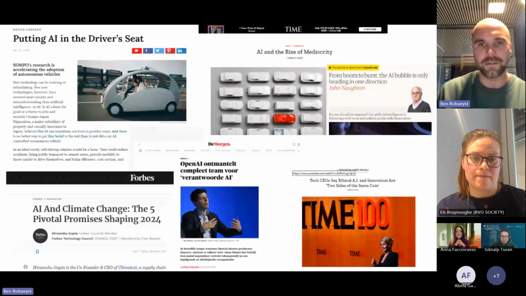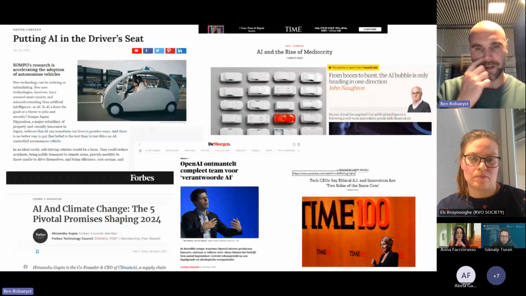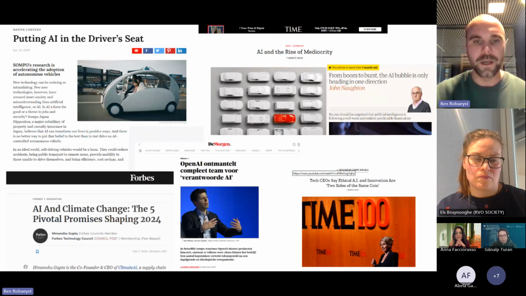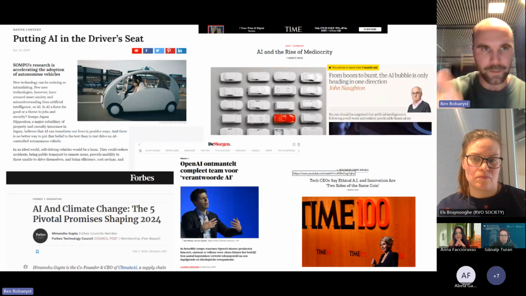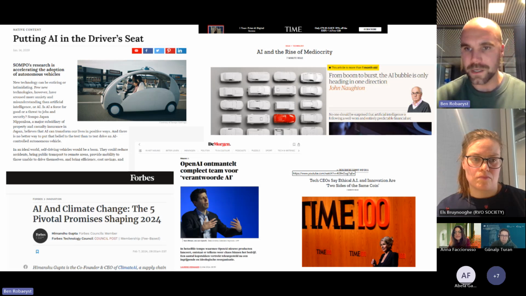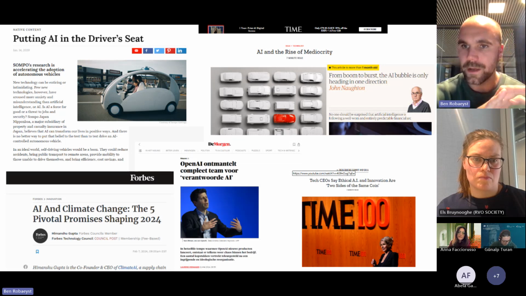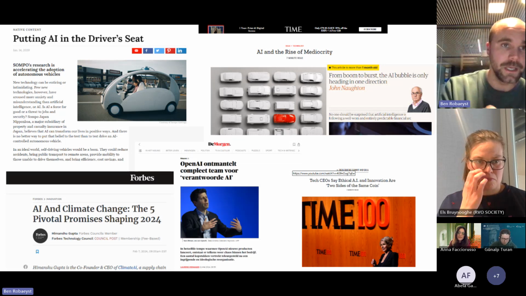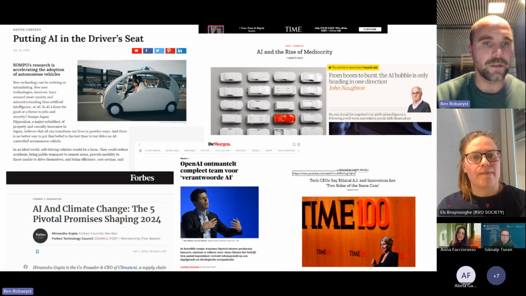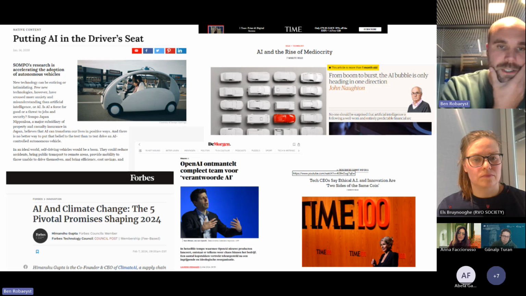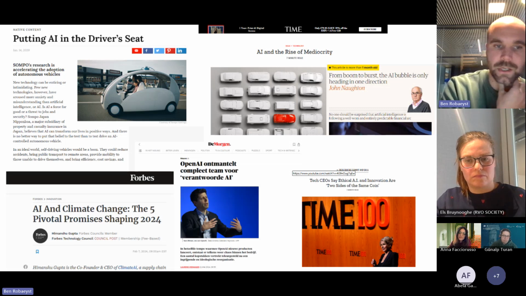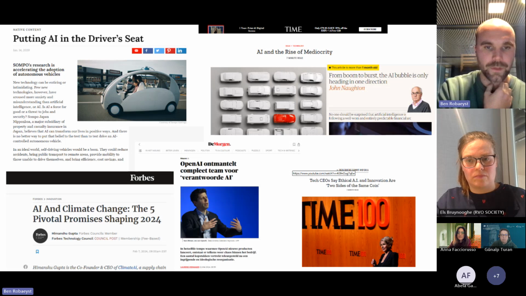But if we look at the future from a more broad perspective, especially on the topic of AI, then we can see that if different actors talk about AI, there is a really positive vibe among people who talk about the technology. For example, here, putting AI in the driver's seat, where they talk about self-driving cars. And there is also an article from Forbes that AI can actually solve climate change, that it can help in providing solutions for it.